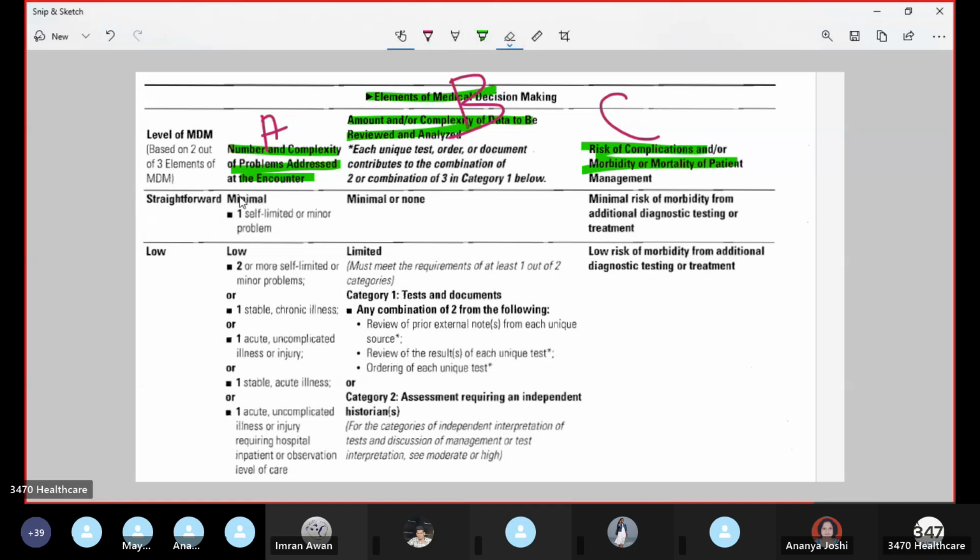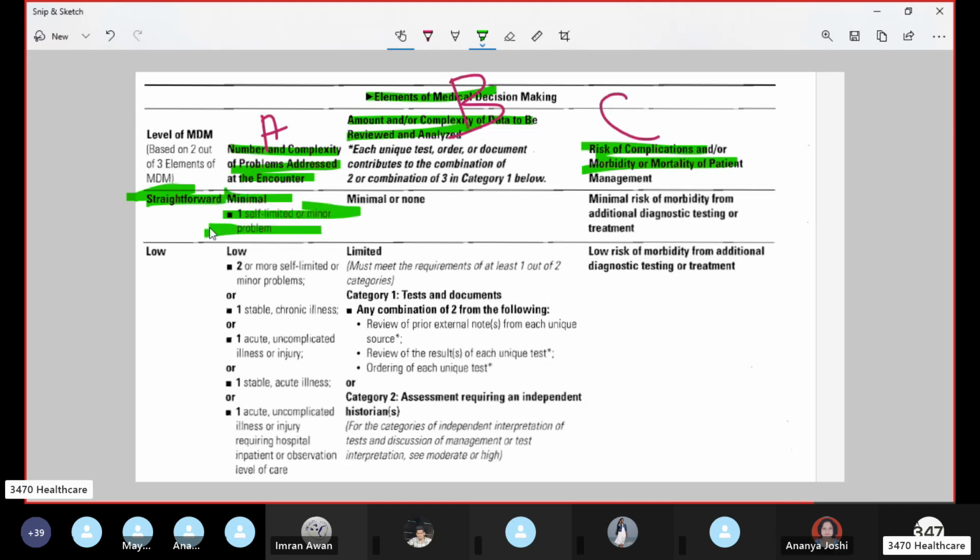Straightforward: when the A table is minimal, the B table is minimal, and the risk table is minimal, then you can go for straightforward MDM. Minimal is one self-limited or minor problem.